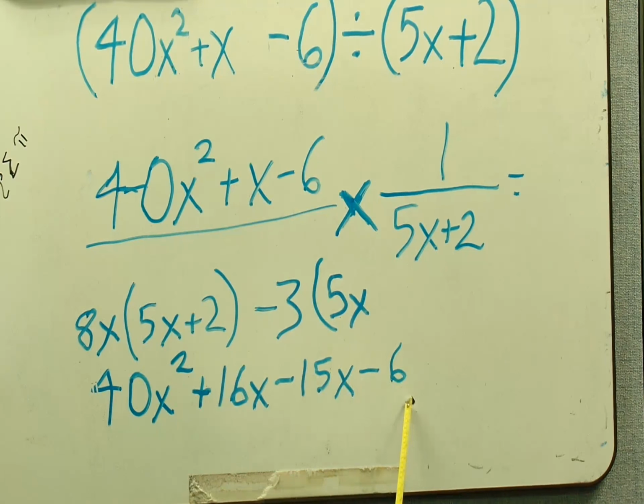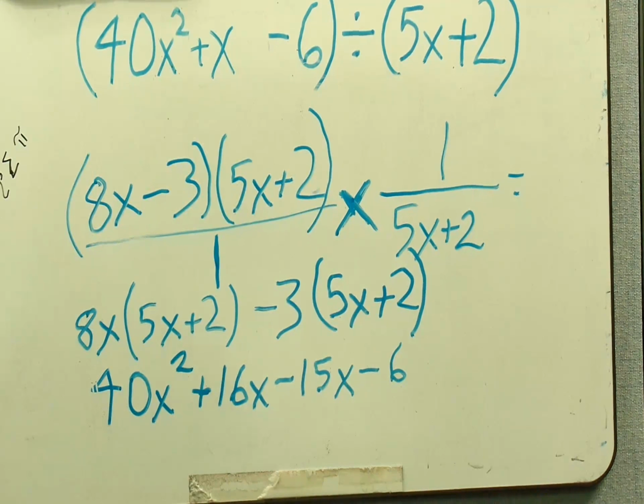Negative 6 divided by negative 3 is a positive 2. So you see you have two that are the same, 5x plus 2 and a 5x plus 2. That means you did something correct. You just write it once, and then you take the 8x and the negative 3 and put that together. And you have them separated now.